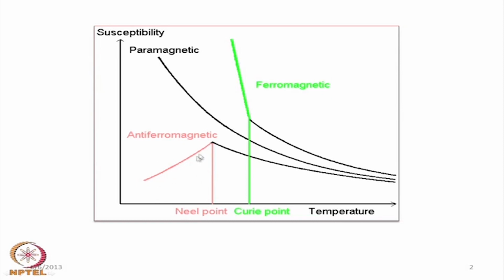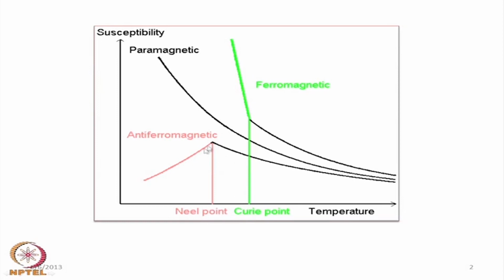And by looking at the shape of this curve, because we can sometimes also plot the product of chi-m T versus T, this can justify our concept that at this temperature we have a sudden change in the alignment of these unpaired spins and the system is behaving as an antiferromagnetic species and we have a corresponding Néel temperature.